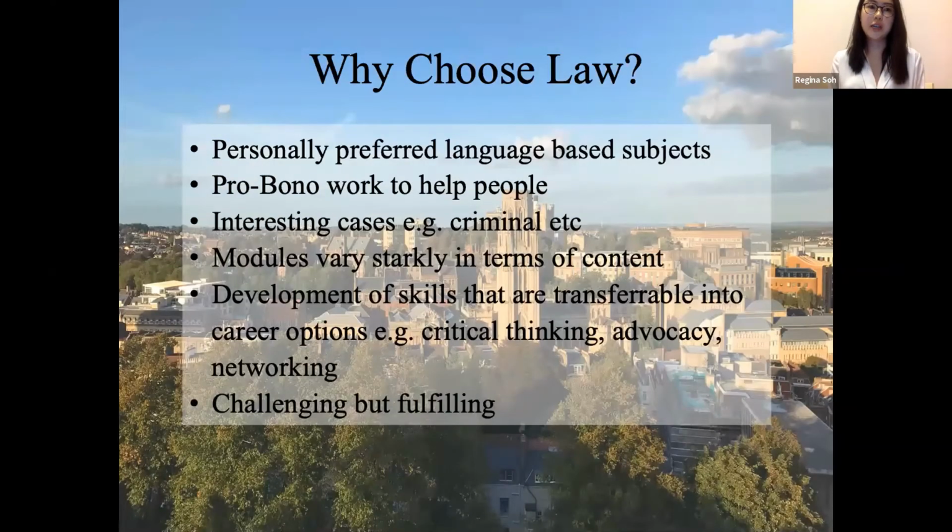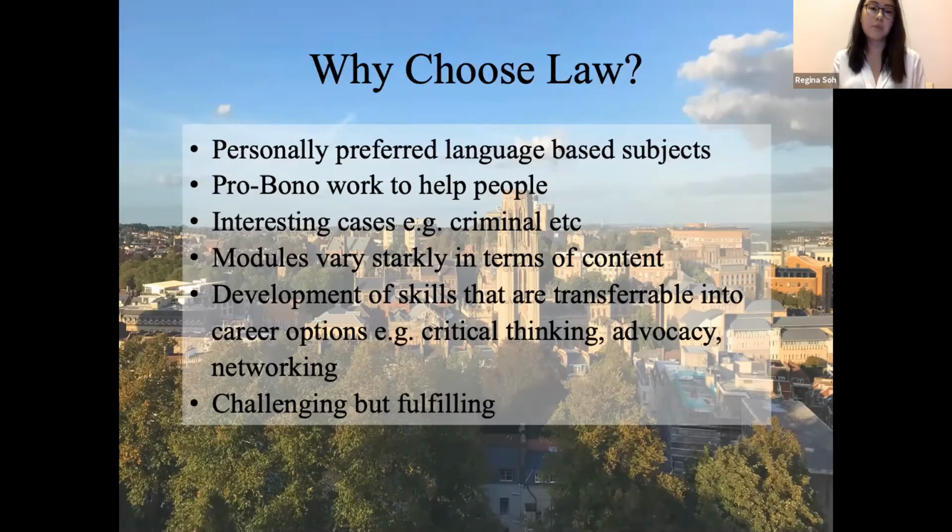Before I present about law, I would like to talk about why personally I chose law, or why you should choose law for that matter, because a lot of people tend to ask these kinds of questions. So firstly, I personally preferred language-based subjects compared to science and math.